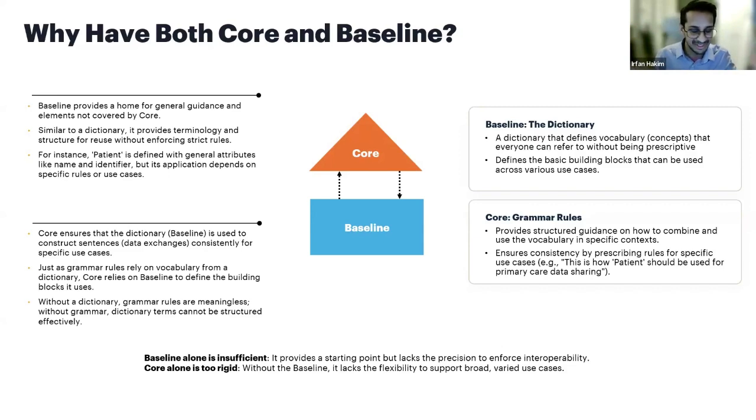A good term to use for baseline versus core is that baseline is kind of your dictionary for developers or vendors, so that they can define some of those terminology sets or consistent profiles that will be used in Canada.